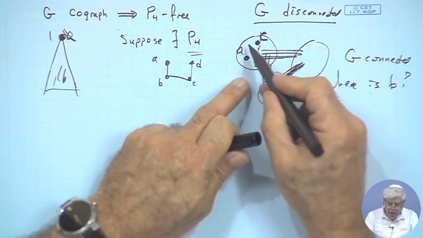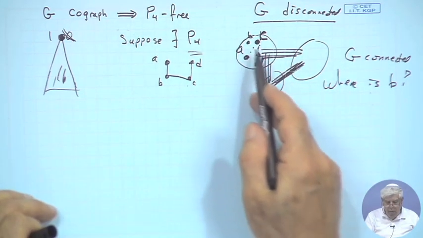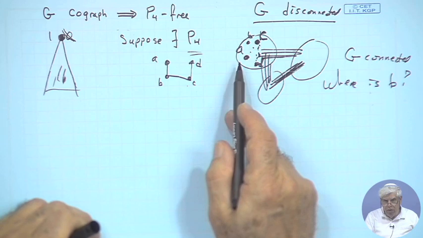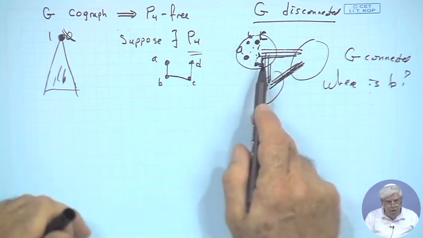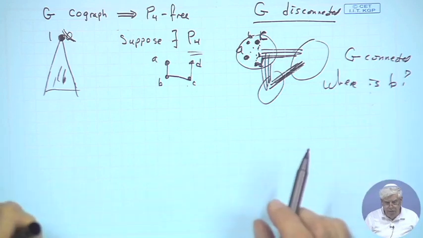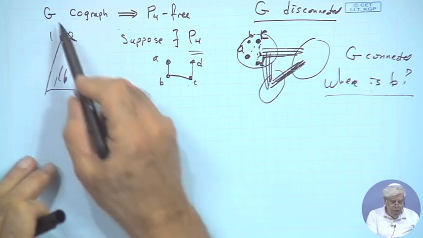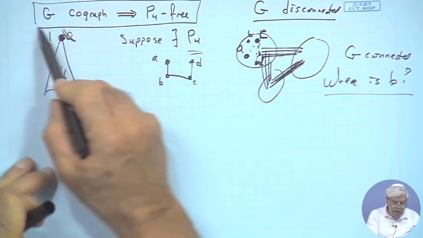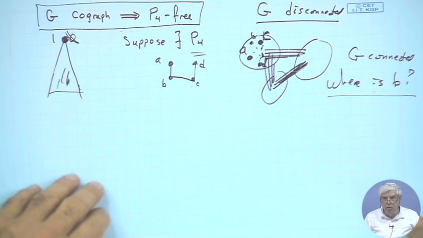So it must be inside the same component. Now A, B, C, D are all in the same component. That would give me a P4 inside one of the components. This is a smaller CoGraph. That's a contradiction to the induction hypothesis. So we've proved that the implication CoGraph implies P4-free is true.